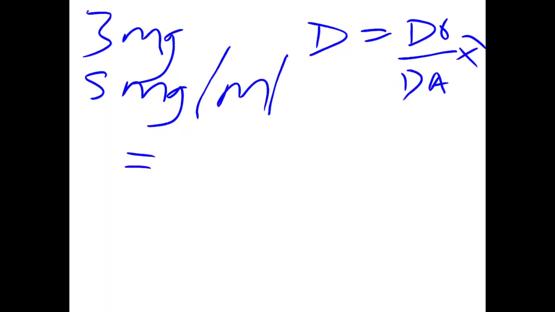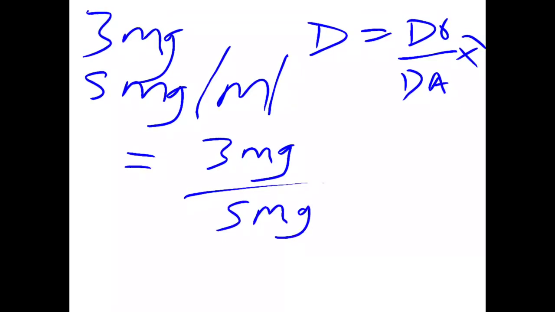So here we are being told to say the doctor has ordered 3 milligrams to be given, but the presentation of this particular drug comes as a 5 milligram, and the volume is 1 ml.